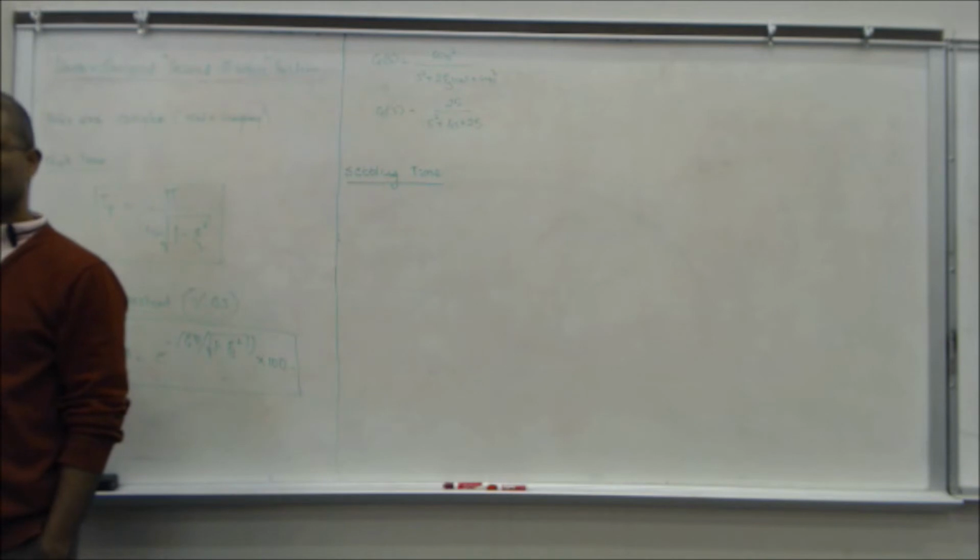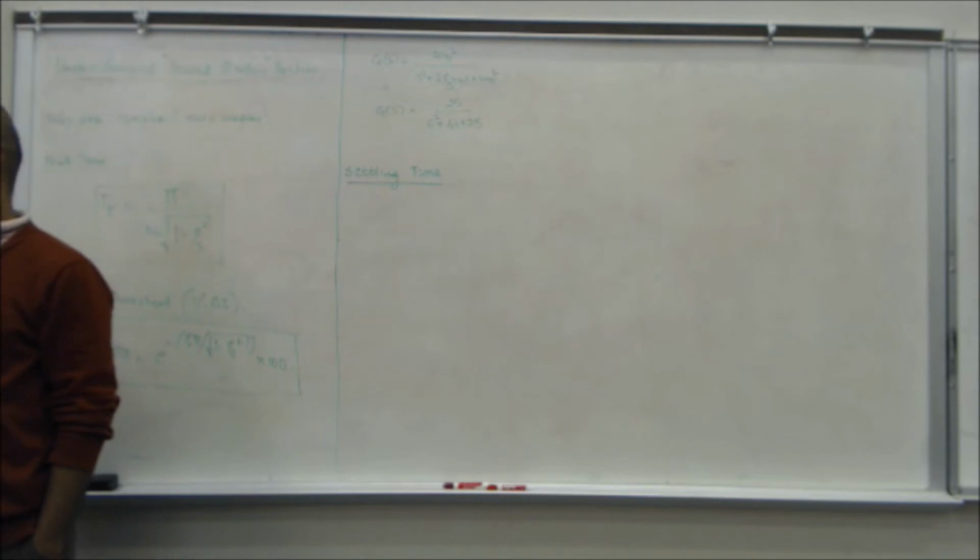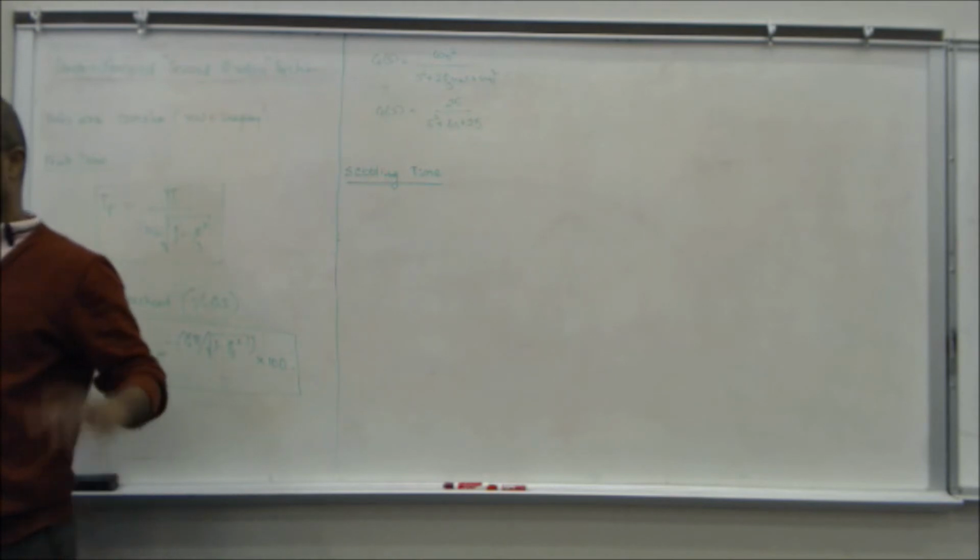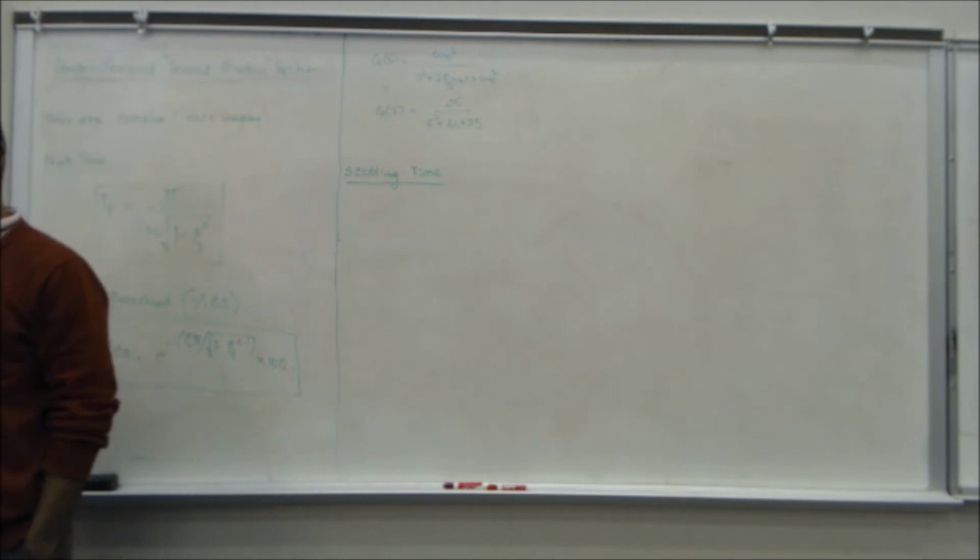So it seems like you would want a system with a fast rise time, a low peak time, and a quick settling time. Right. You would have to design a critically damped system, which will give you all those characteristics in a single system.